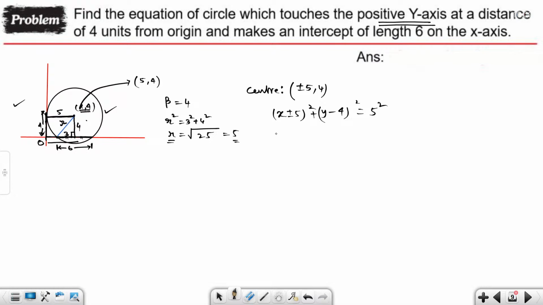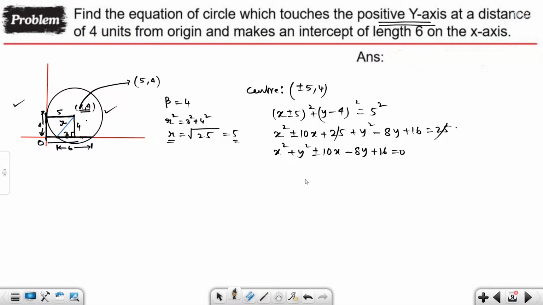So what is the equation? x square plus minus 10x plus 25, I'm simply opening the brackets. This goes off. So it is x square plus y square plus minus 10x minus 8y plus 16 equals 0. That's it. So that will be the equation of the circle.